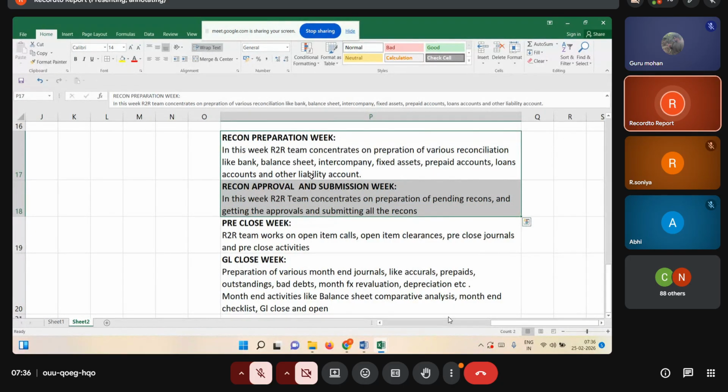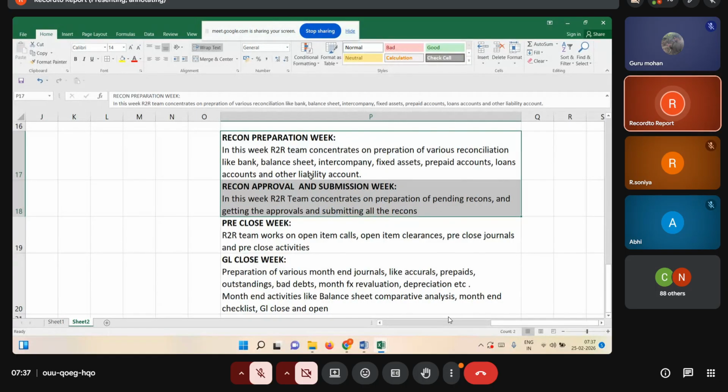Because yesterday we understood the R2R team is involved in collection of financial data, analyzing it, and delivering efficient financial reports.